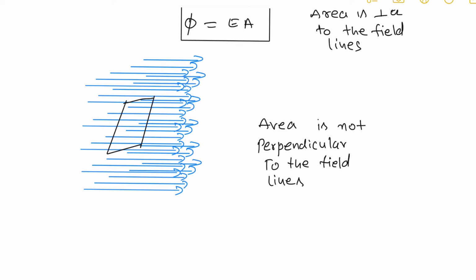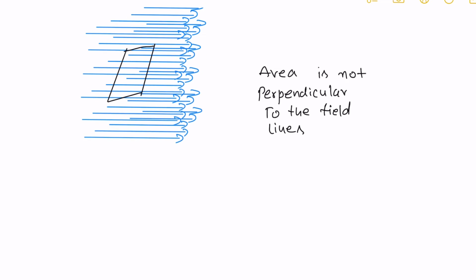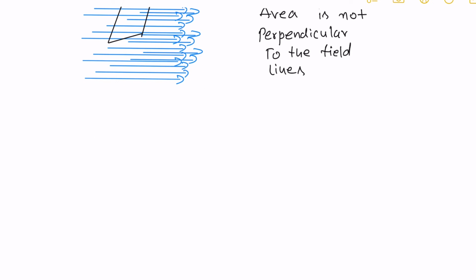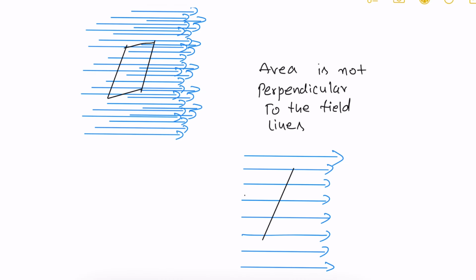Now how to take the problem? To understand this one, first it is better to think in two dimensions. Now the picture is two-dimensional. Look here, this line I take here perpendicular to the field lines, projected perpendicular to the field lines, then we get this one.